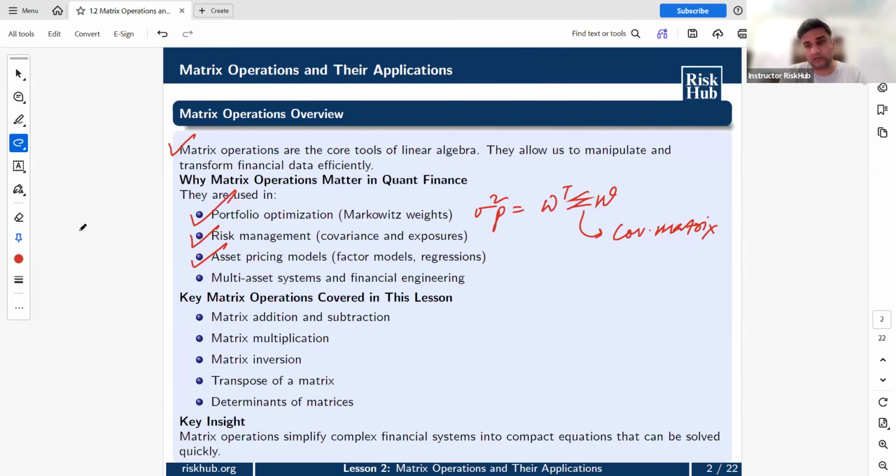If you look at ordinary least squares regression, OLS regression, the solution comes like this. Again, we are not going there right now, but I'm just telling you that this one equation powers your equity research, factor investing, macro modeling, and machine learning.